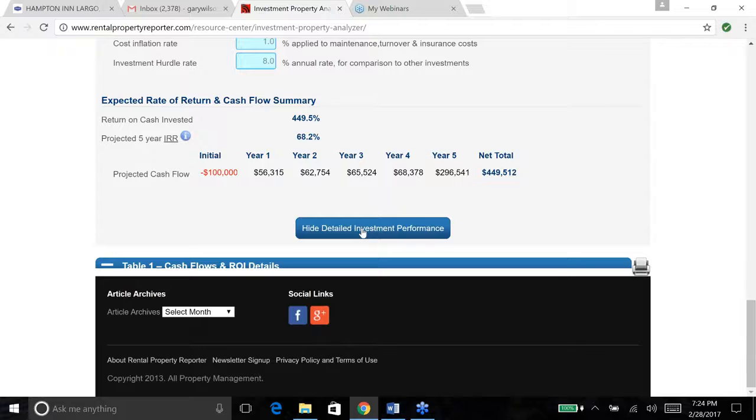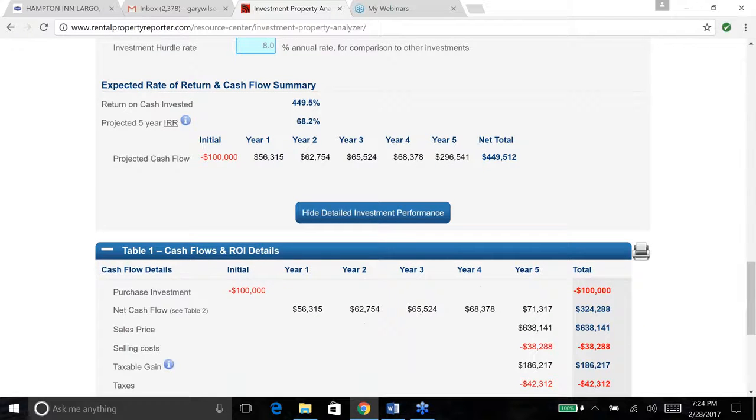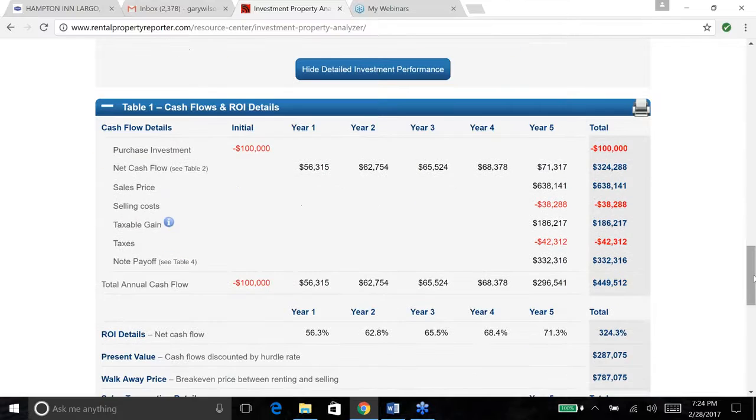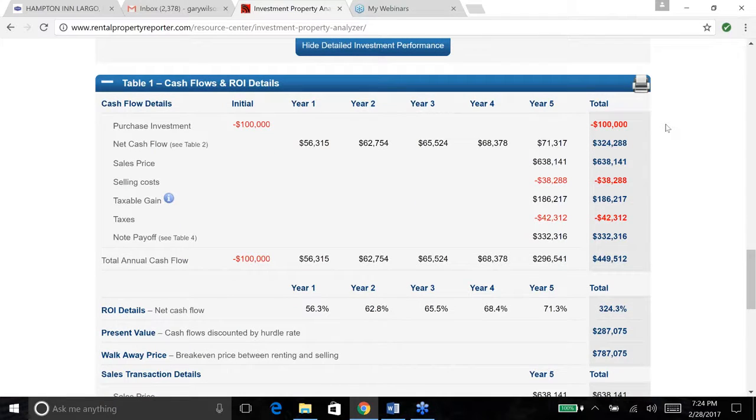Let me show you some other information here. There are other tables you can look at. Cash flows and return on investment details. Initially, you're in the hole $100,000. Net cash flow after 5 years is $324. The sales price, again, after 5 years, you sell it for $638,141. Your selling costs are $38,288.